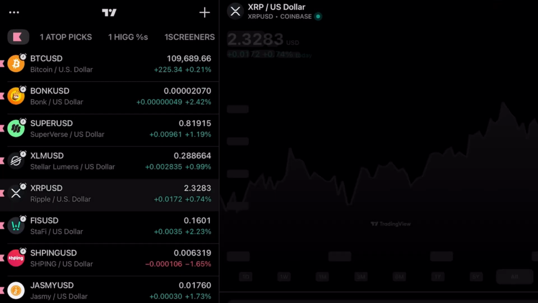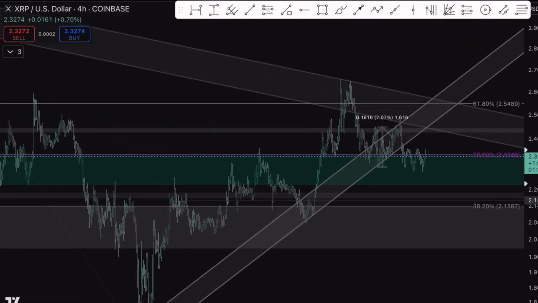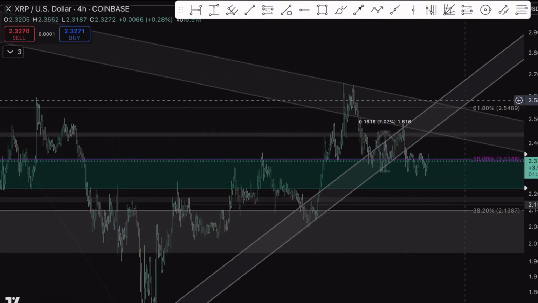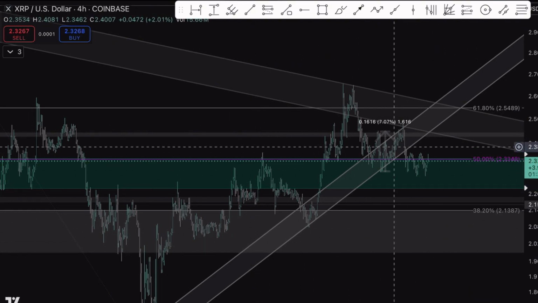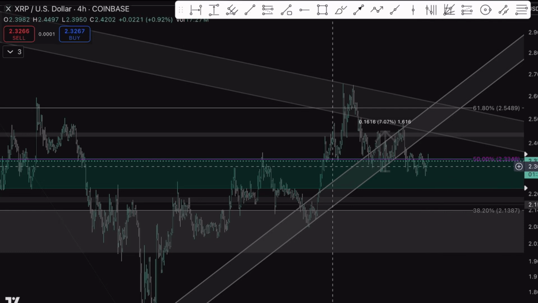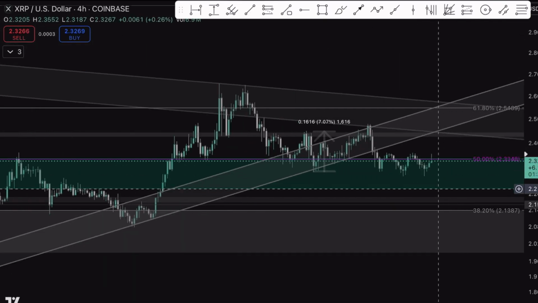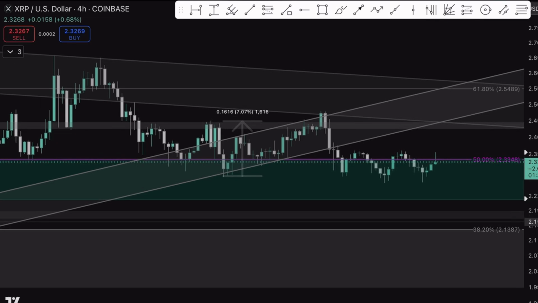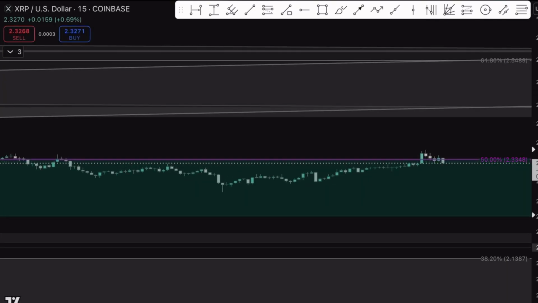Let's look at XRP. Right, so it's come out of this trend line that was holding as support, but it's still in this green support demand area, and it looks like it's rejecting that 50% level so far.